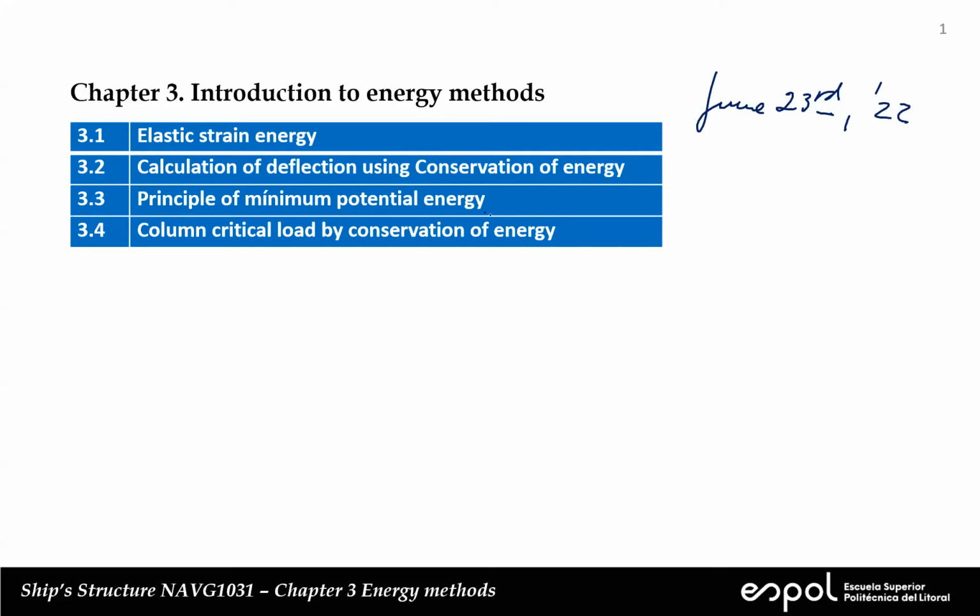And then we're going to use that in chapter 3.2 to calculate the critical load in buckling. We're going to review that. This is something that you analyzed in solid mechanics: you deduced an expression for this critical load. We're going to do that, but using potential energy theory, okay? So more or less, those are the topics for this chapter.